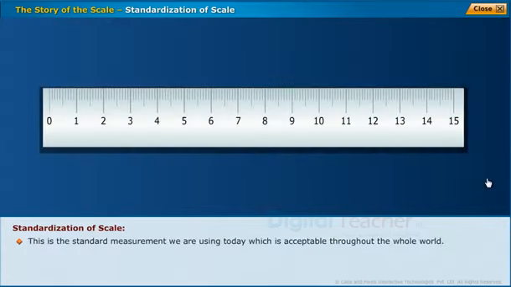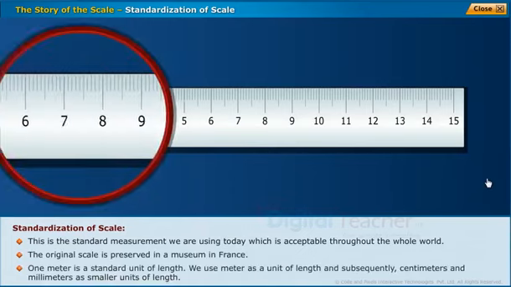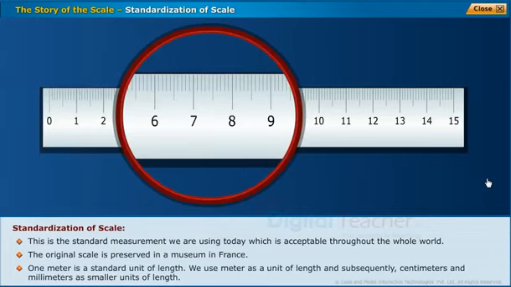This is the standard measurement we are using today, which is acceptable throughout the whole world. The original scale is preserved in a museum in France. 1 meter is a standard unit of length. We use meter as a unit of length and subsequently centimeters and millimeters as smaller units of length.